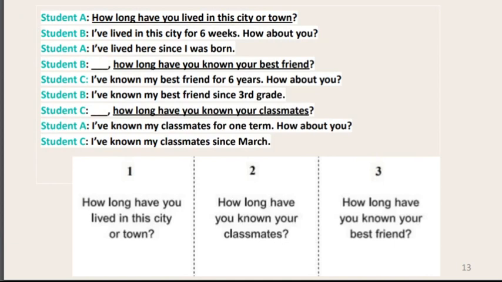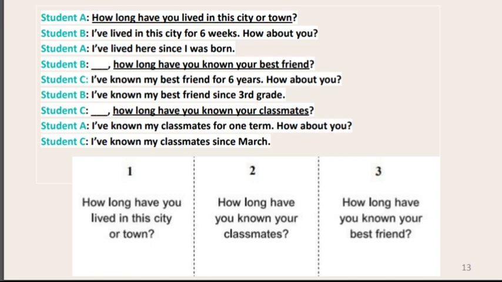For example, student A, how long have you lived in this city or town? B, I've lived in this city for 6 weeks. How about you? I've lived here since I was born.